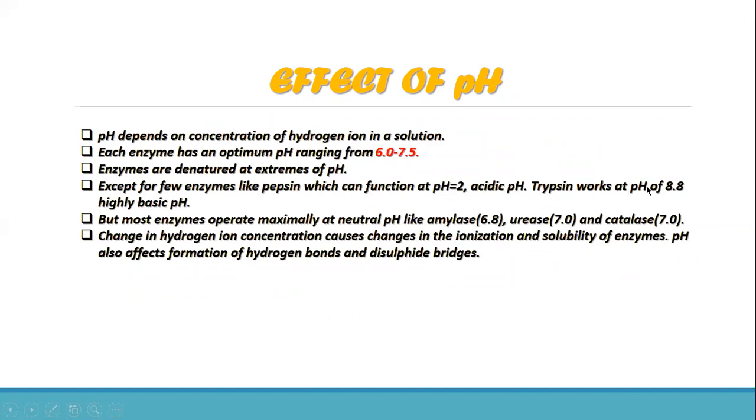Trypsin works at a pH of 8.8, highly basic pH, but most enzymes operate maximally at neutral pH, like amylase 6.8, urease 7.0, and catalase 7.0. Change in hydrogen ion concentration causes changes in the ionization and solubility of the enzyme. pH also affects the formation of hydrogen bonds and disulfide bridges.